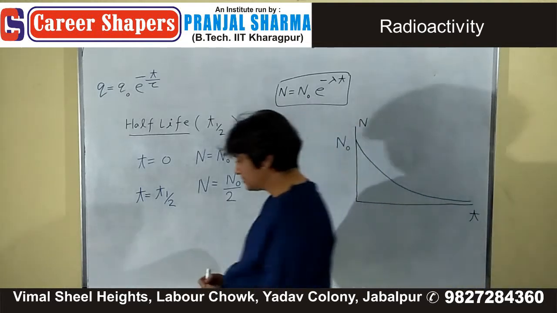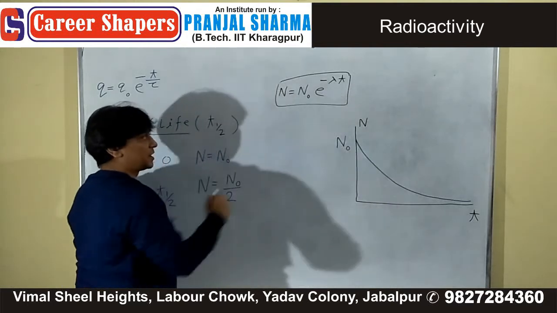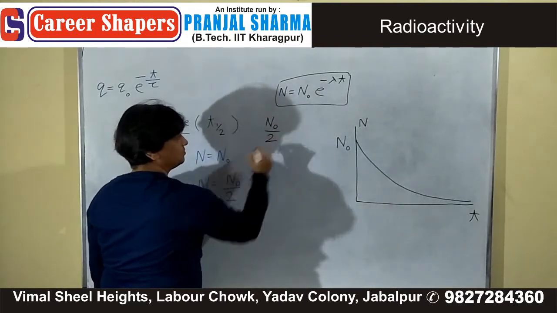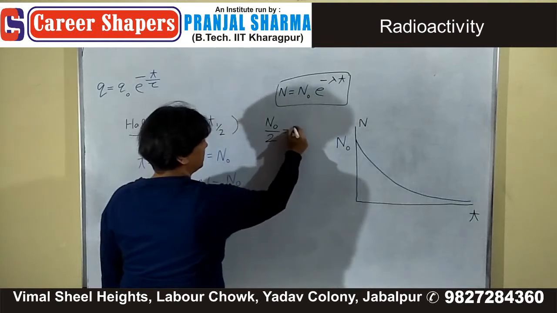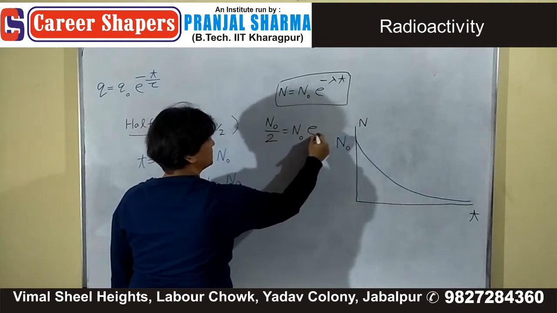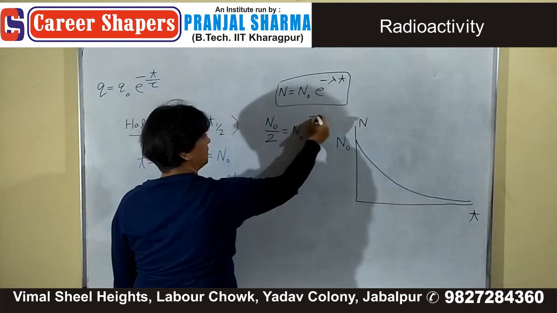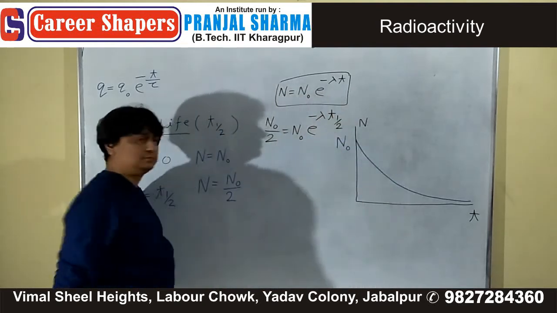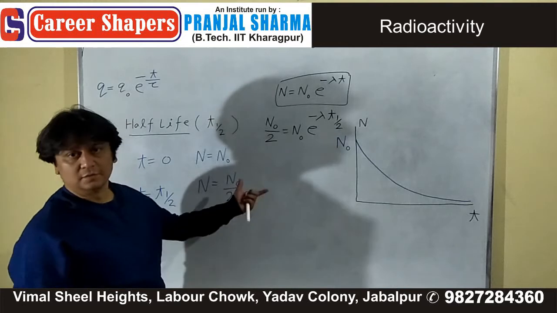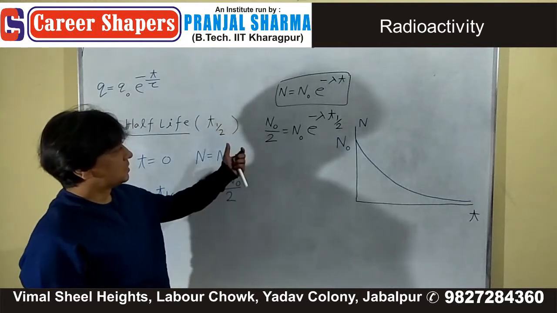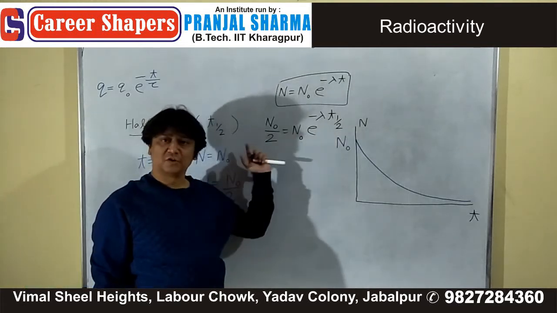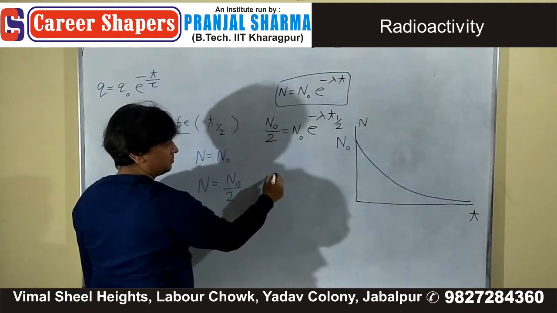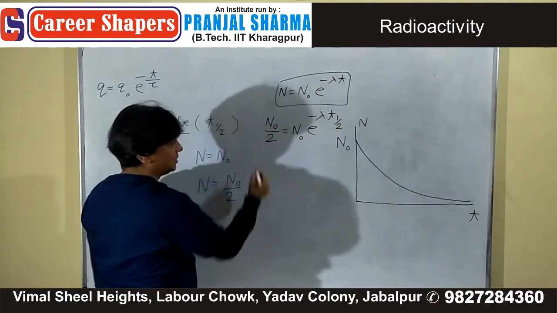That means if in this formula you put N as N naught by 2, then this t should be T half. That's all. Now it's only simplification of this format. For that, look here. N naught by 2, N naught cancels.